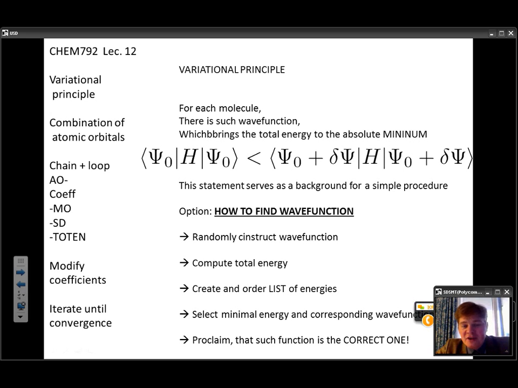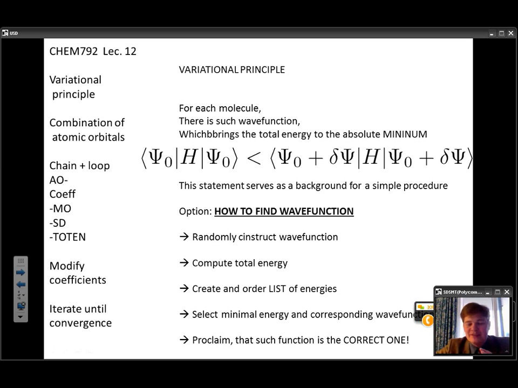Now, if you take our wave function and modify it, no matter how, if you go away from the ideal ground state, then we take this modified wave function, bra and ket, and use it to compute the expectation value of total energy.